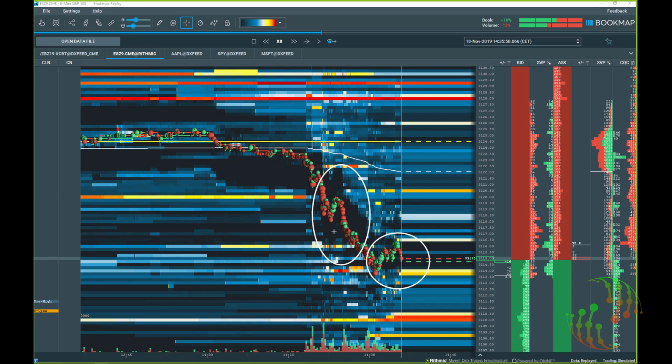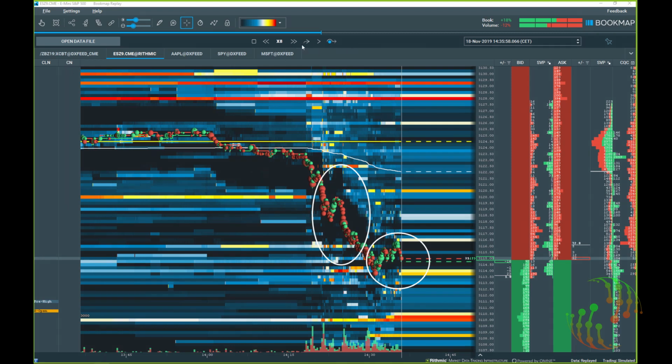There's nothing here. Everything can happen here. But after a few minutes, liquidity is coming back. That means this sweep, this very hard move down, is finding a support here.